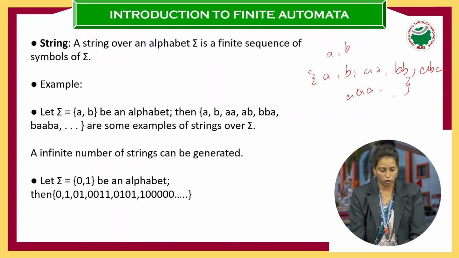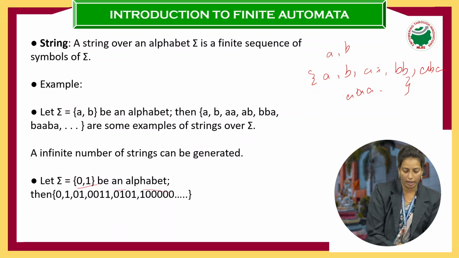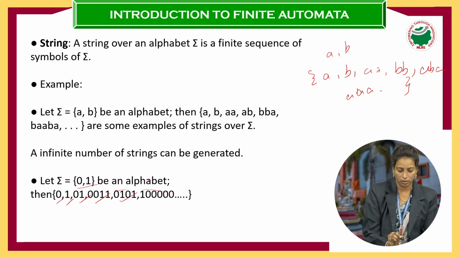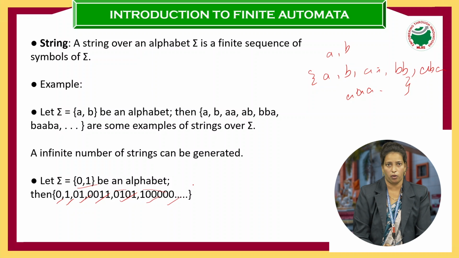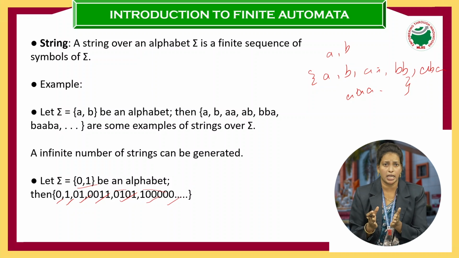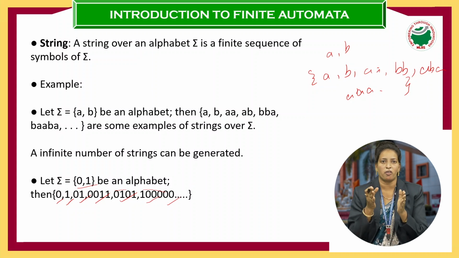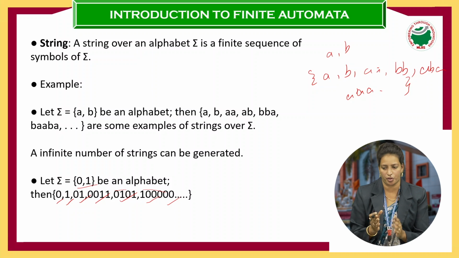Infinite strings can be generated. Let sigma be {0, 1} as an alphabet. So the strings are 0, 1, 0 1, 0 0, 1 1, 0 1 0, 1 1 0 0 0 0, like that. Simply, a string is nothing but a collection of alphabets.